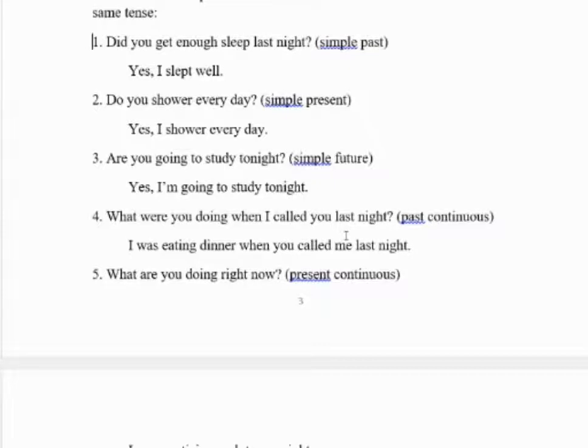The second question: do you shower every day? Also simple, but not past; use the simple present. The answer: yes, I shower every day. If you remember, we talked about the simple present. We always talk about either facts or habits, something that I do every day.